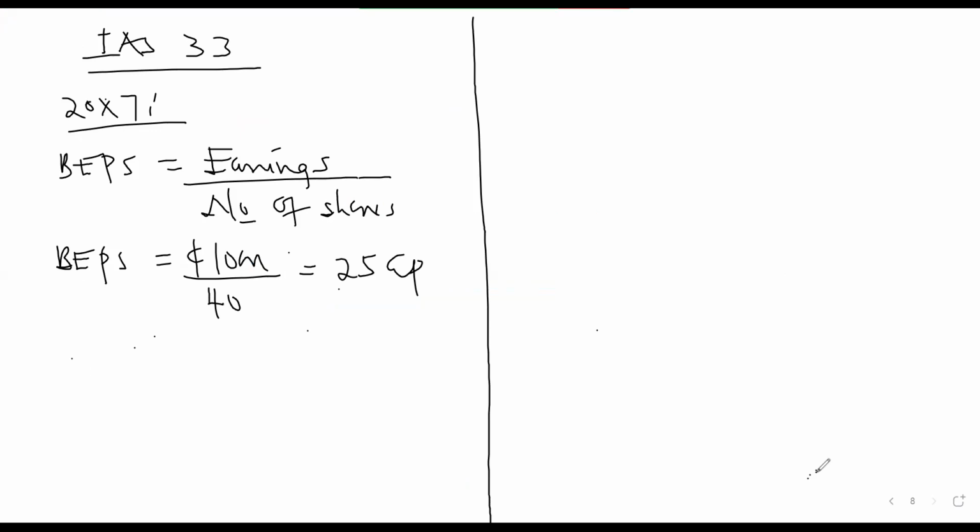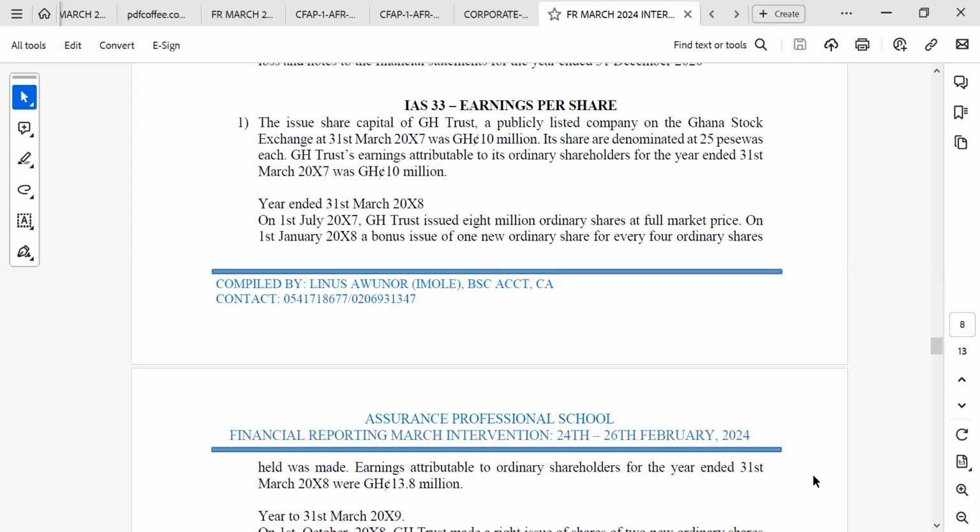Let's now come to the year ended 2x8. What is the earnings for the 2x8? The earnings for 2x8 is 13.8, isn't it?